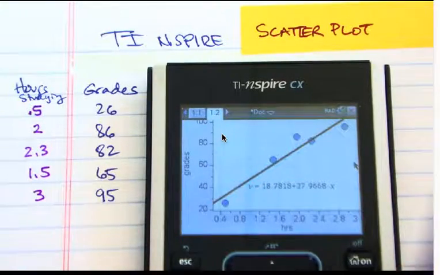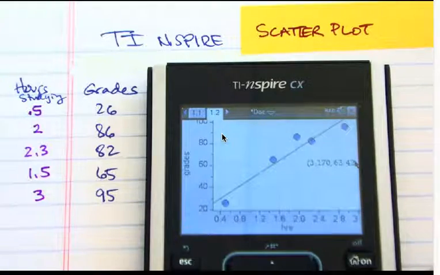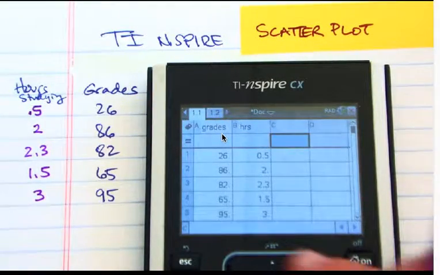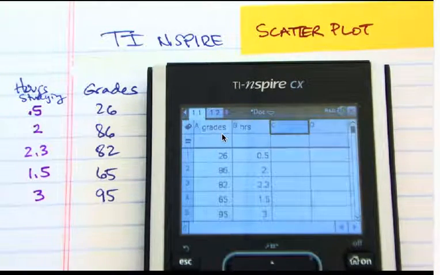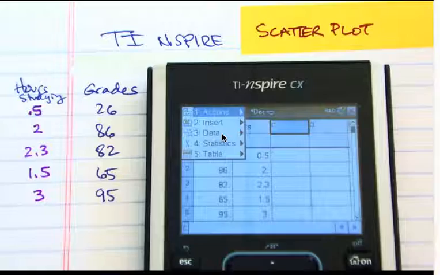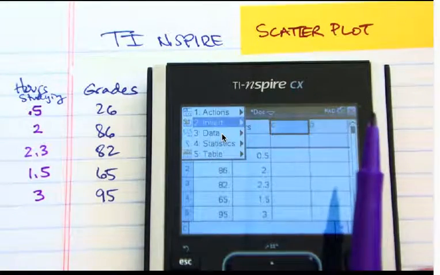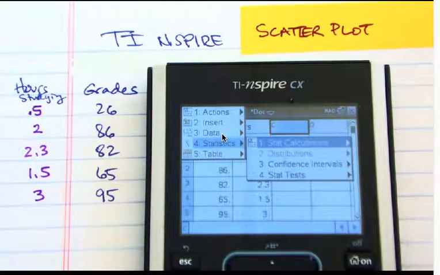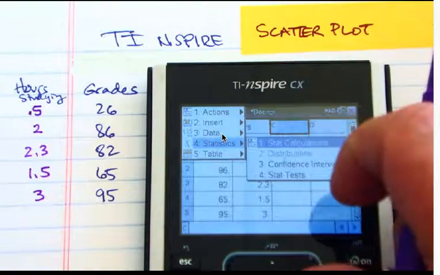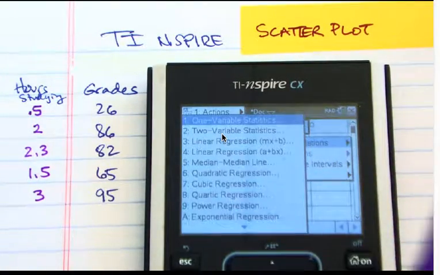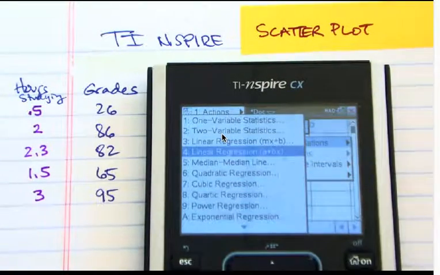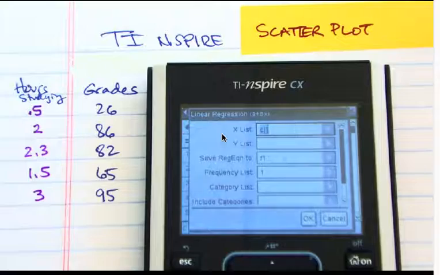Now I can also analyze that back over here on this page on my list and spreadsheets. Now I'm going to show you why we're doing that at this point. So we're going to look at the equation of the line again in a different way. We're going to go to statistics, stat calculations, again the A plus BX linear regression.